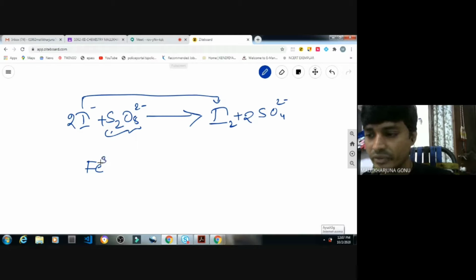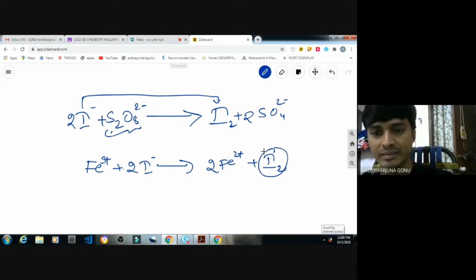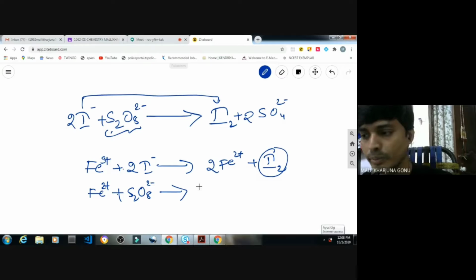If you take Fe3+ as the catalyst, it reacts with I minus first, and Fe3+ converts into Fe2+ while I2 is generated. Then this Fe2+ is not that stable, so the S2O8 2 minus reacts with it to give SO4 2 minus. Write these reactions down in your class notes, because they are not given in the presentation. I wanted to explain this, that is why I have not given it.